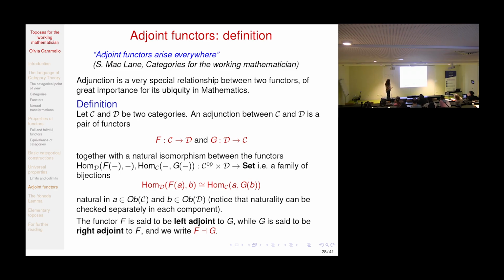And yes, so this is a very, very important notion because, in fact, it determines one of the functors in terms of the other. So if a functor has an adjoint either on the left or on the right, then this adjoint is uniquely determined up to natural isomorphism. This is an exercise that you can do.